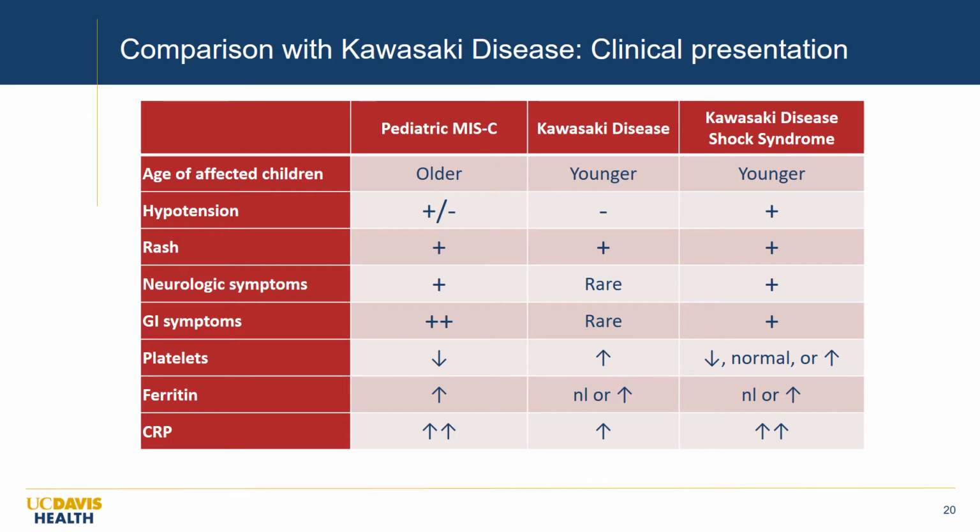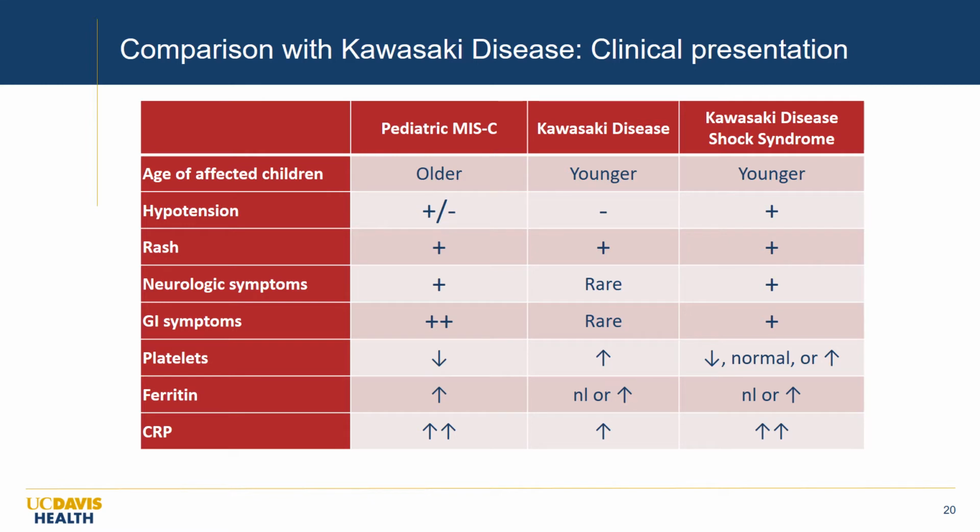In all three of these entities, they can have a rash. Children with MIS-C have been reported to have neurologic symptoms. That's rare in Kawasaki disease, that they have overt neurologic symptoms, although the children often are described as having irritability. And then in Kawasaki disease shock syndrome, they're more likely to have neurologic symptoms.